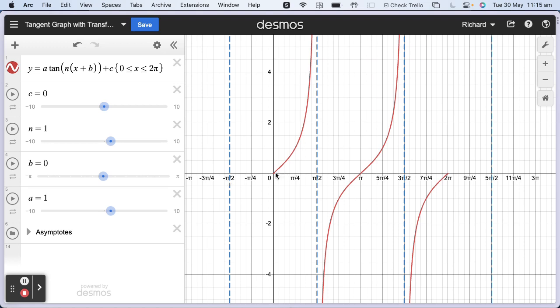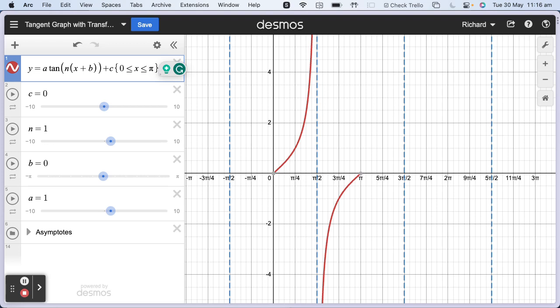Really, if you look at it, this bit here is repeated here, and this bit here is repeated there. So between 0 and 2 pi, we are actually seeing 2 cycles of tan. So that means that tan is different from sine and cosine in that it only has a period of pi.